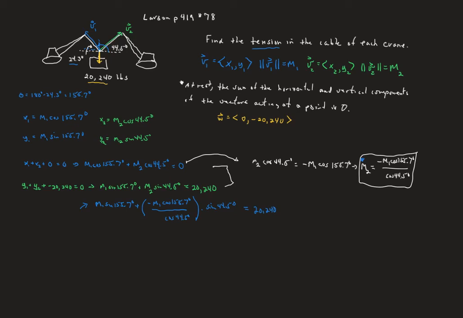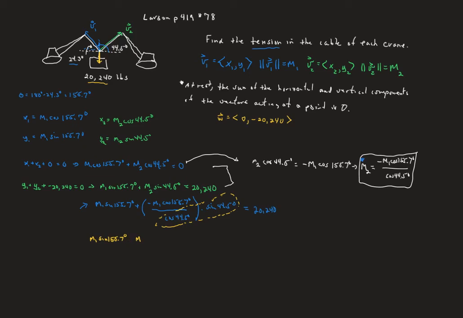Now, this next part you don't have to do, but this is all going to go in our calculator eventually, and I like to look at this part right here, which is sine 44.5 over cosine 44.5, which you may recognize as the tangent of 44.5. I'm going to replace that just because in a few minutes it's going to give me a little bit less to punch into my calculator.